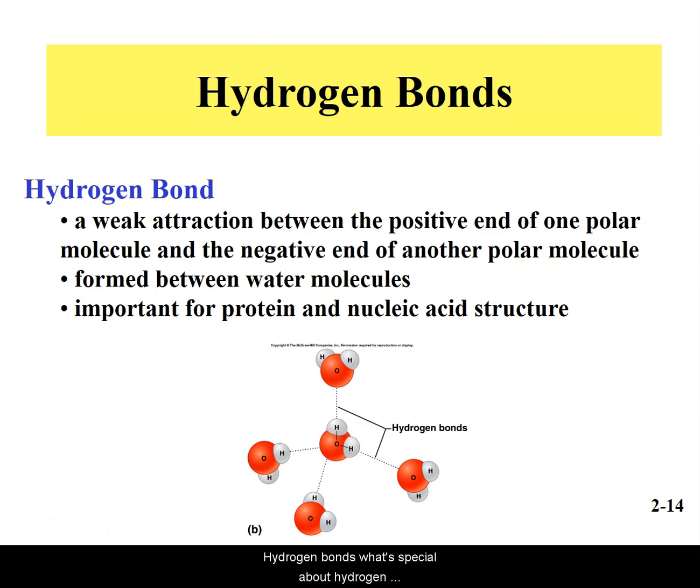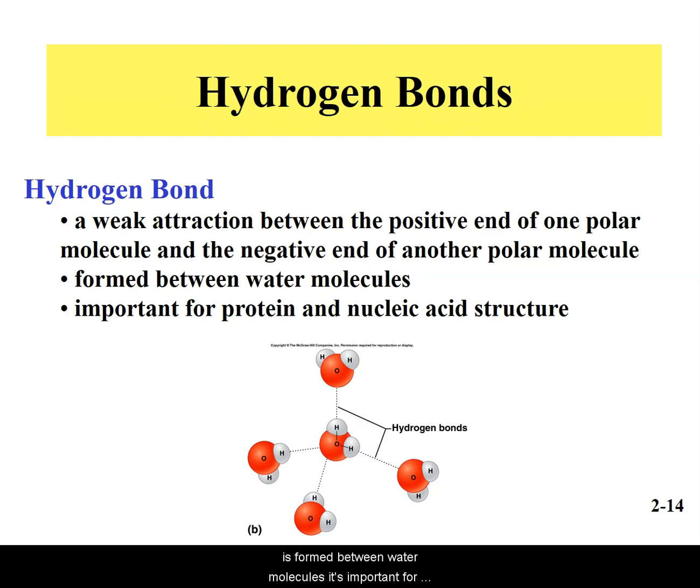Hydrogen bonds. What's special about hydrogen bonds is they are easily formed and easily broken because there's a weak attraction between the positive end of one polar molecule and the negative end of another polar molecule. We talked about that a few minutes ago. It's formed between water molecules.